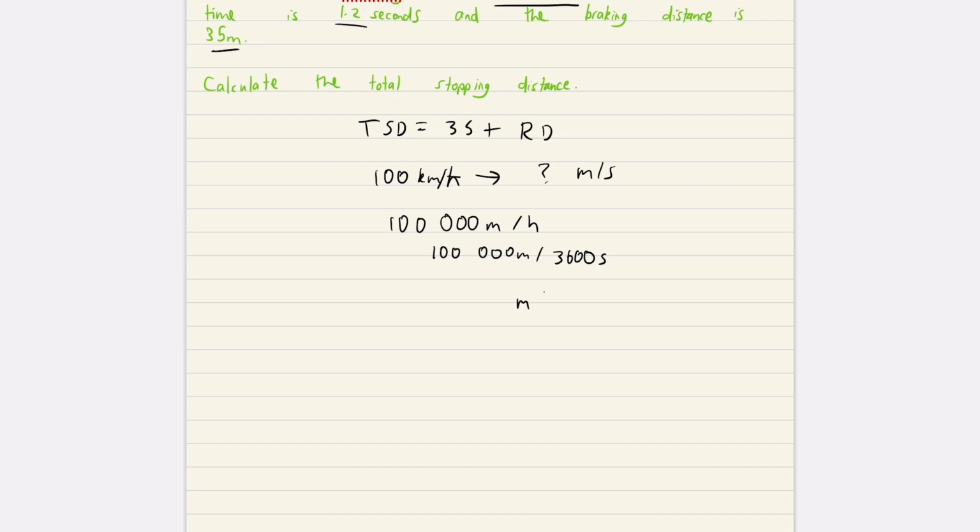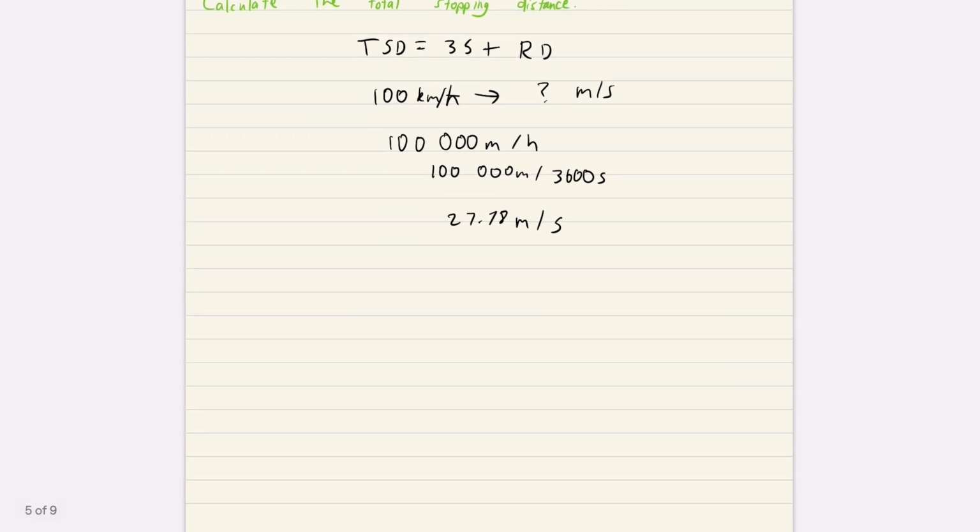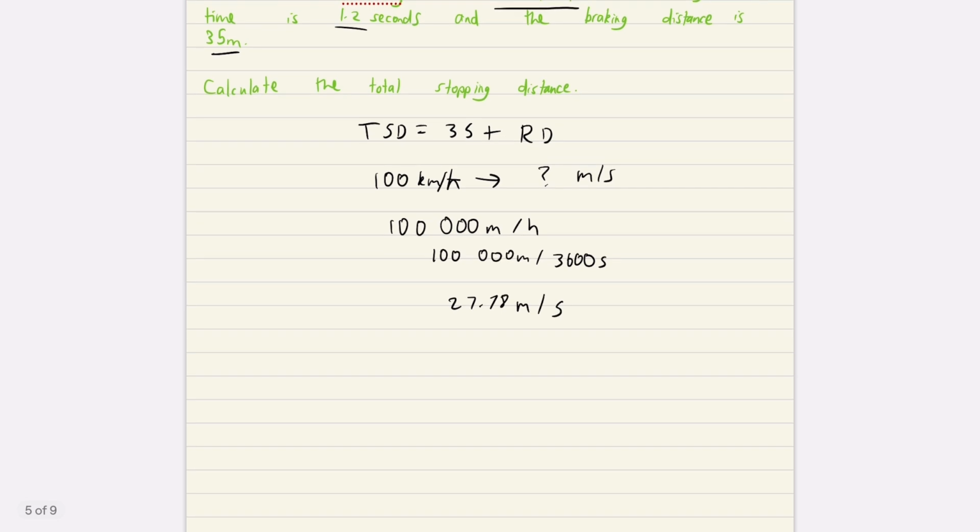I want how far the car is traveling over 1 second, right? I want meters per second, not per 3,600 seconds. So I'm going to have to take 100,000 and divide that by 3,600. So that's exactly what I'm going to do. And I'm going to get a speed of 27.78 meters per second. So the car travels that many meters every second.